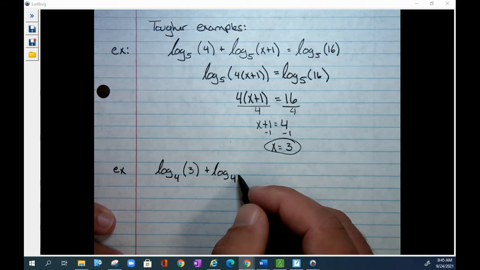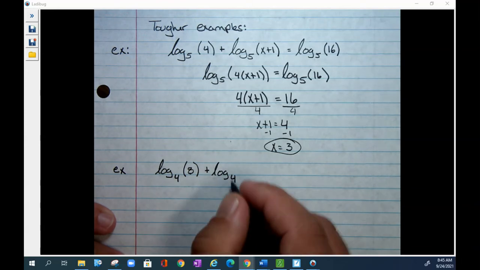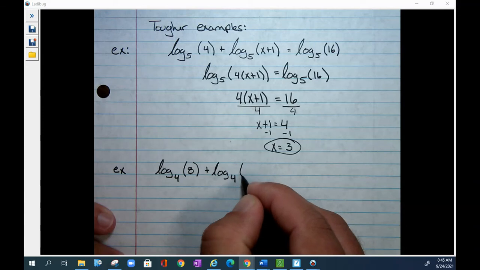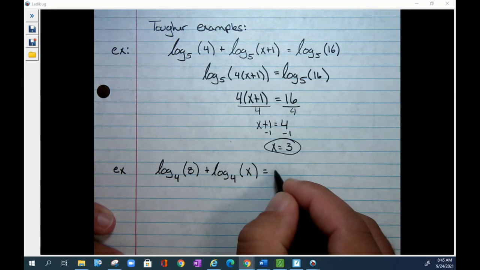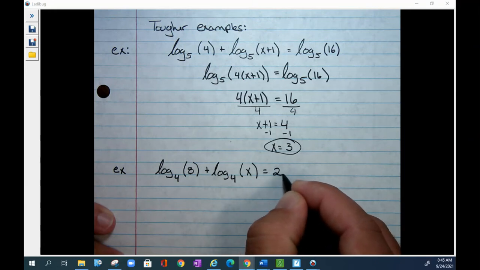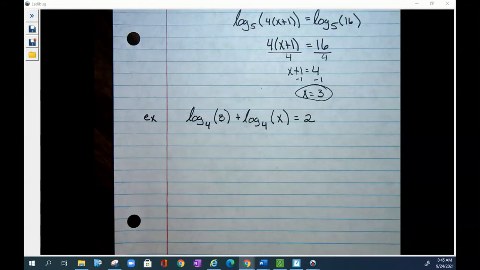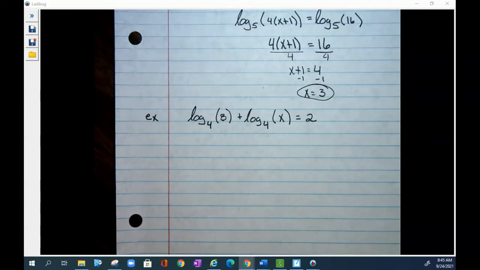Hold on a second, let me think. Turn this 3 into an 8 real quick for me. So what do you notice about this one? It's different. Right. So we don't equal to a log. So that means this whole drop in the log thing is going to be kind of out the window now.